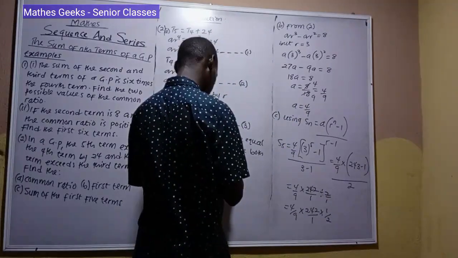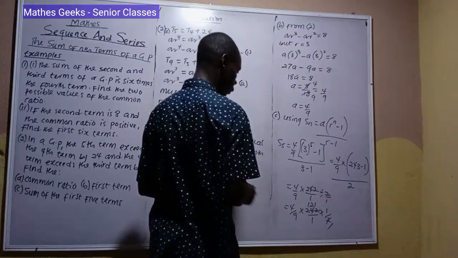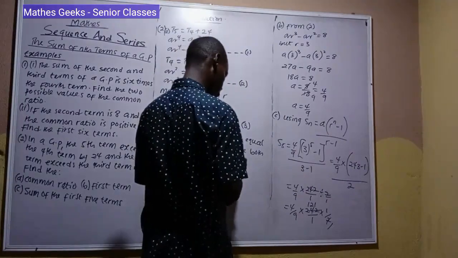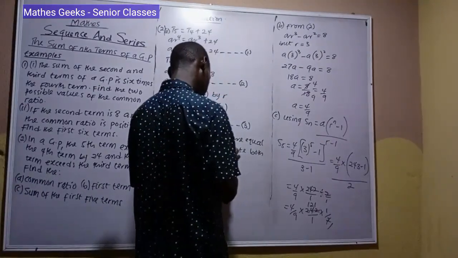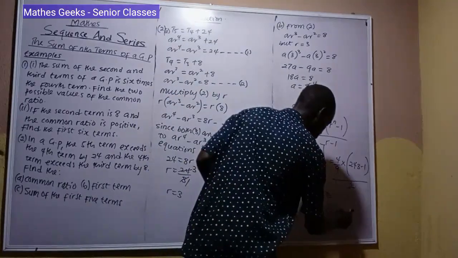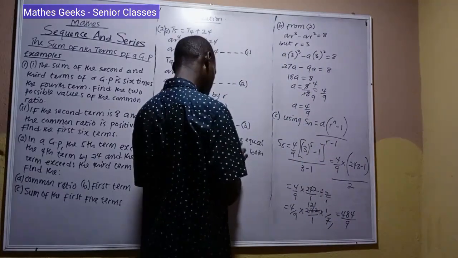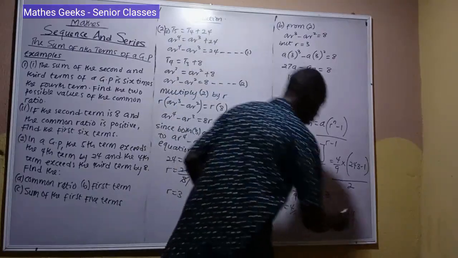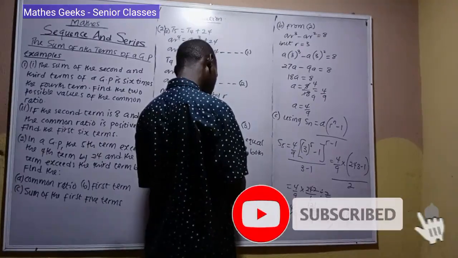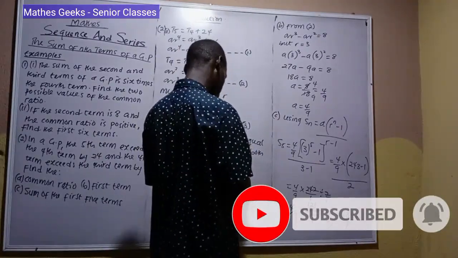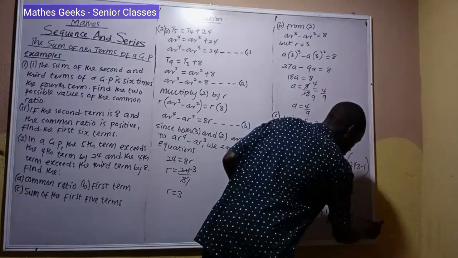242 divided by 2 is 121. So 121 times 4 is 484. 484 divided by 9 is 53 whole number 7 over 9.